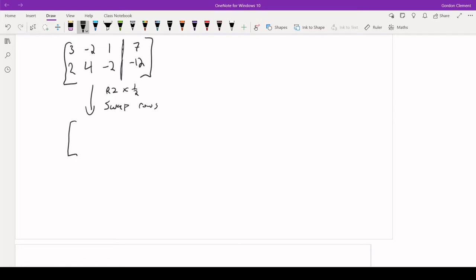And you can do two steps at once like this, as long as you're sure that doing the first one doesn't change the second one. So I'm going to divide the second row by 2 and write it first. And then I'm going to write, since I'm swapping the rows, the old first row there. So there's my 1 in the top left corner.